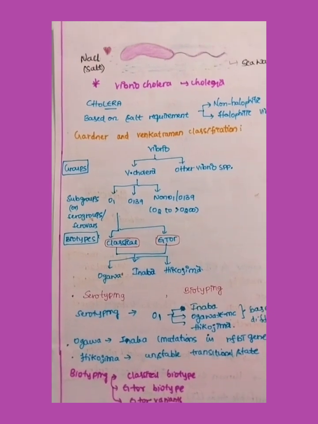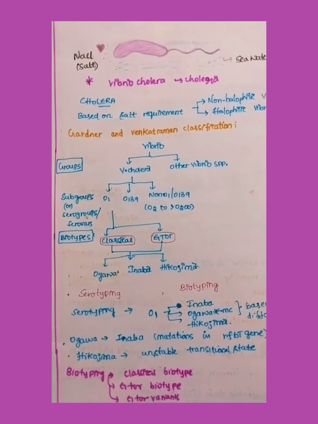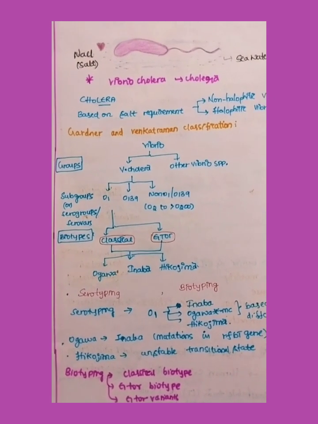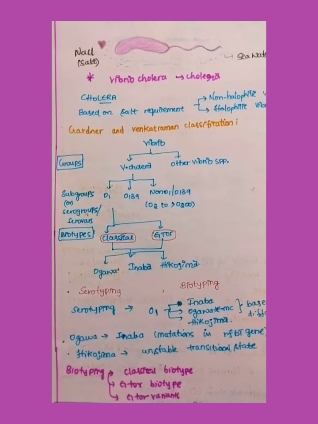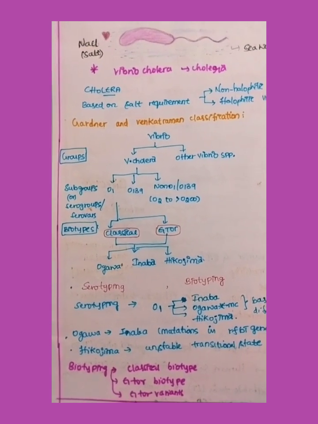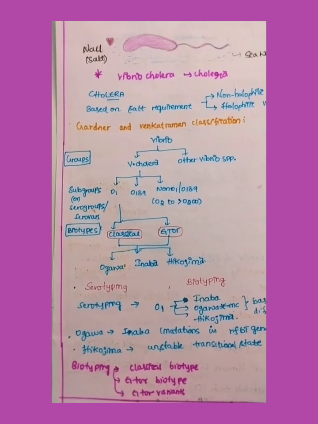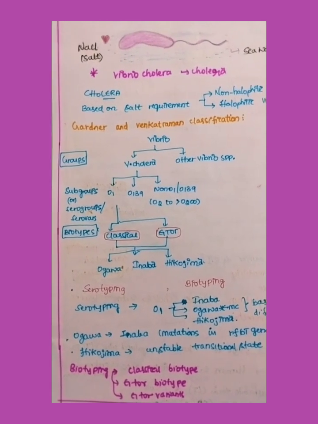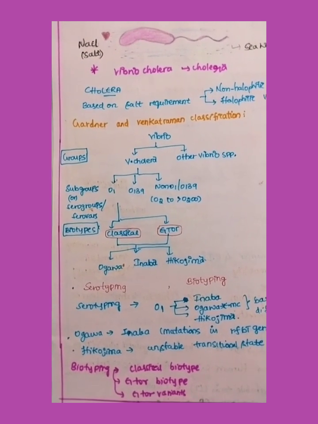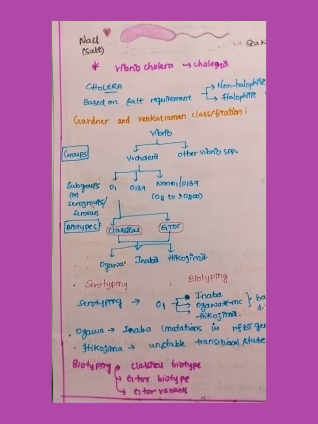According to the Gardner and Venkatraman classification, Vibrios are classified into Vibrio cholerae and other Vibrio species. Today in this video we are going to discuss Vibrio cholerae, which is again divided into subgroups or serogroups.